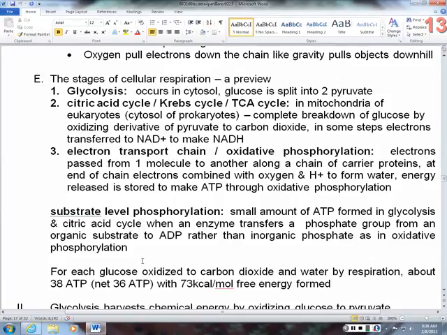With oxidative phosphorylation, it's going to use inorganic phosphate. So that's the difference, where you'll see substrate level phosphorylation that uses organic phosphate attached to an organic molecule. Oxidative phosphorylation, it's inorganic phosphate. And sometimes when they mean inorganic phosphate, they'll say P with a little i by it.